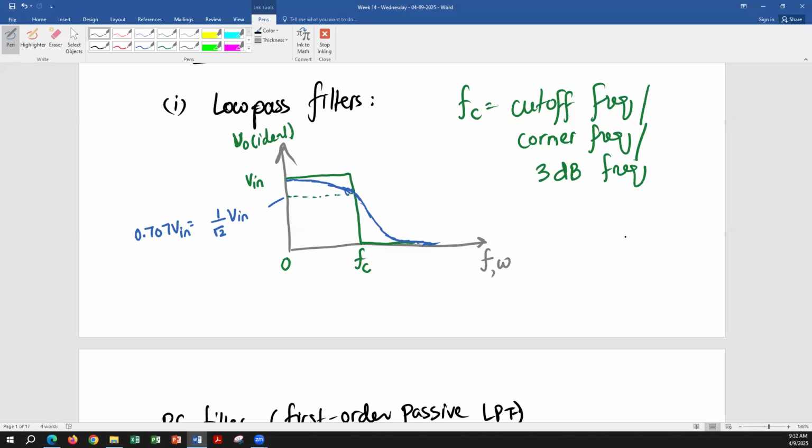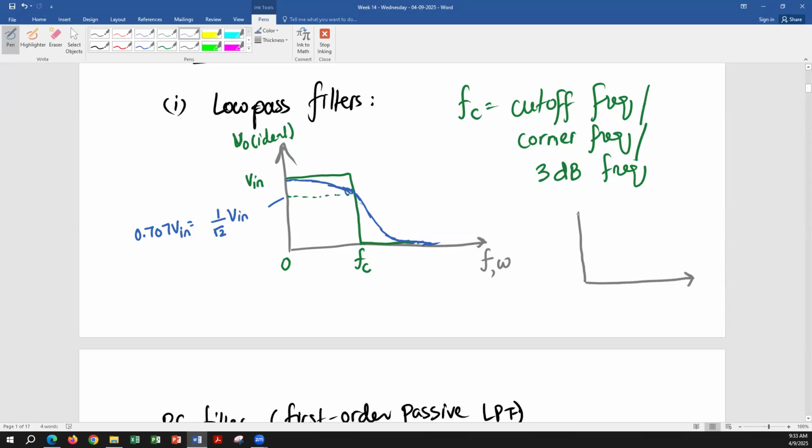Now, most of the time, when you are designing the response of a filter, you do not plot the output versus frequency. Rather, you plot the transfer function, or gain, of the filter versus frequency, which means you plot the ratio between the output and the input versus frequency. This is what we call the transfer function, which we're going to discuss in a little bit.